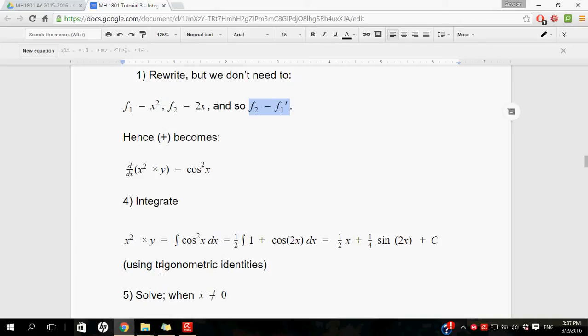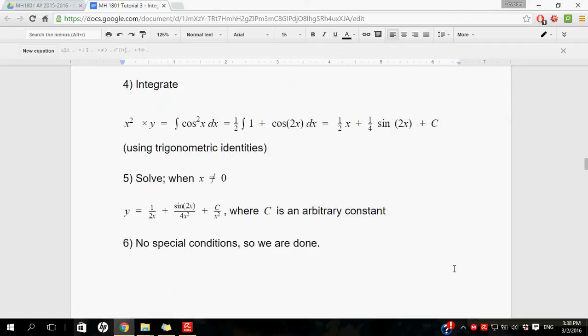We solve for y. To do that, we need to assume that x is not equal to 0, because when we do that, we can divide throughout our expression by x squared. This gives us y equals 1 over 2x.